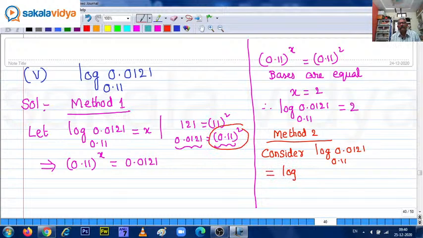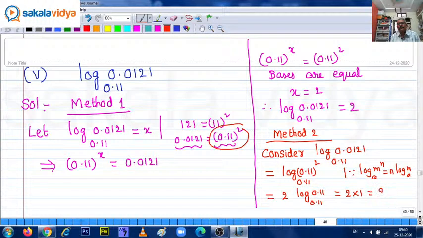Log of 0.11 square to the base 0.11. So we have the formula: log m to the power of n to the base a is n times log m to the base a. This is 2 times log of 0.11 to the base 0.11. This is 1. 2 into 1 is 2. The answer is 2.